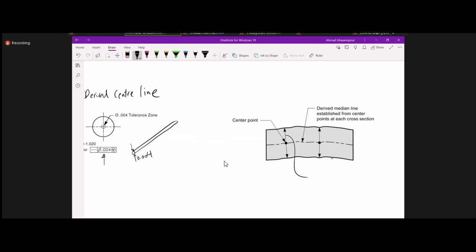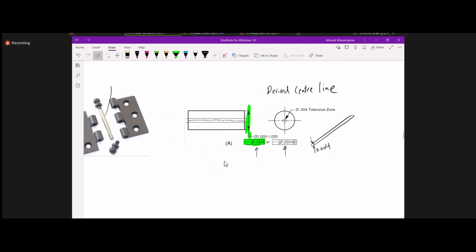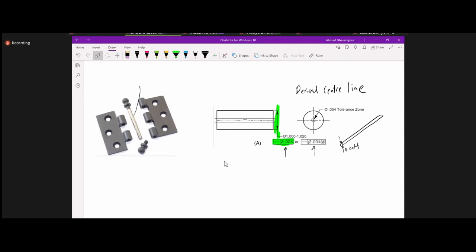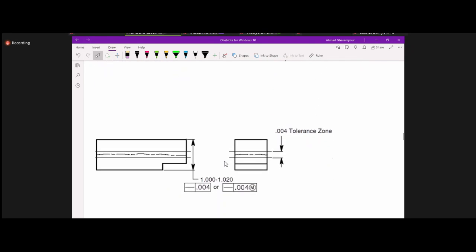So at any cross section, the size limit applies, but the center line could be anywhere within the tolerance zone, which is a cylindrical tolerance. So for controlling the straightness of pins, things that don't have any datum, the straightness is a good tolerance.